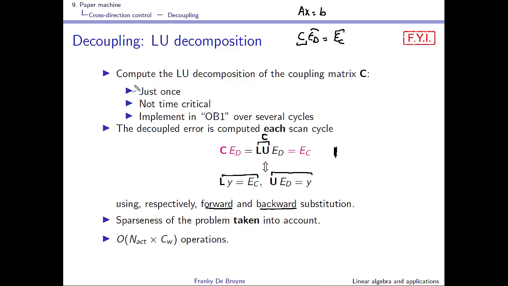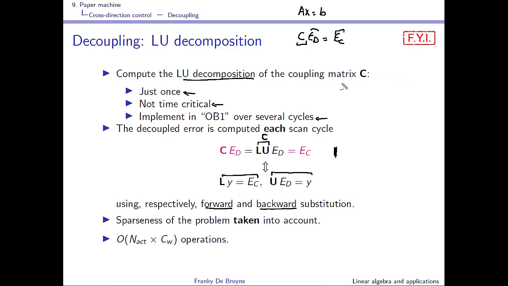So what you have to do is this LU decomposition. As for the inverse of the coupling matrix, you need to do this only once. It's not time critical, and you can implement this in a smart way in OP1 over several cycles.